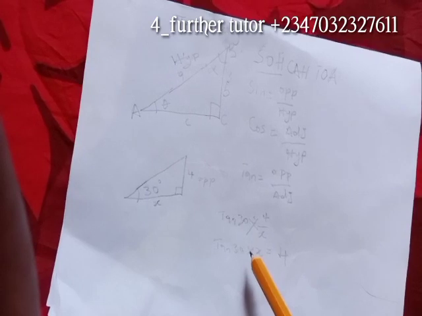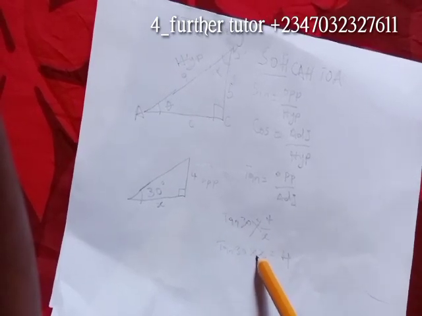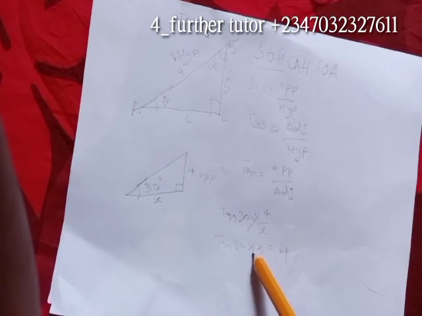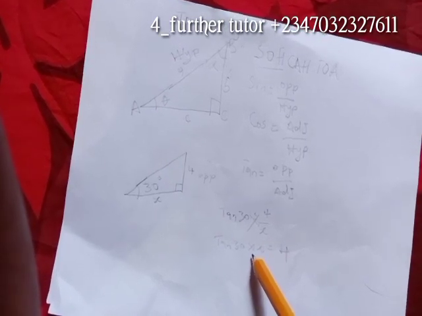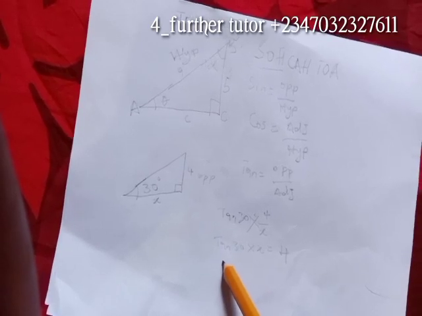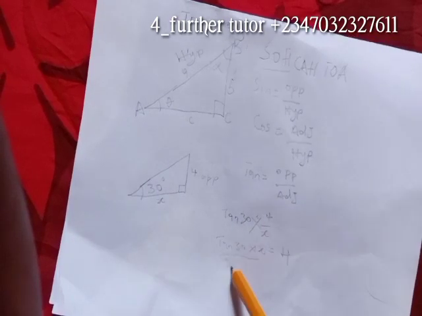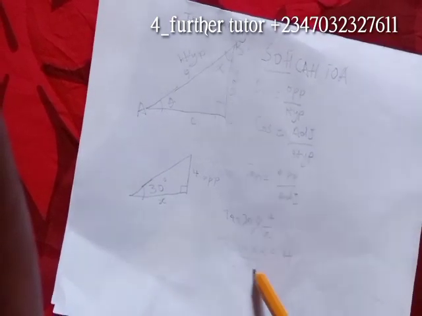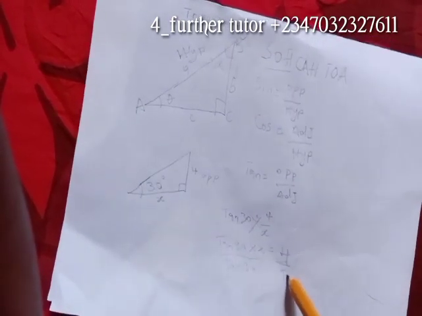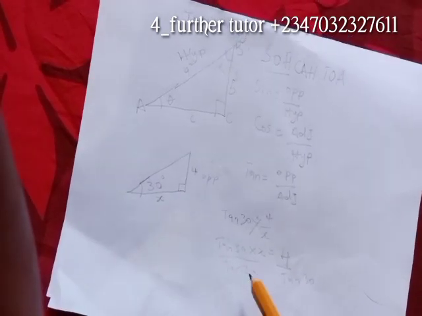So that x will stand on its own, I will divide both sides by the coefficient of x. Remember, by coefficient we mean what is standing with x, and in this case it is tan 30. So we divide both sides by tan 30.